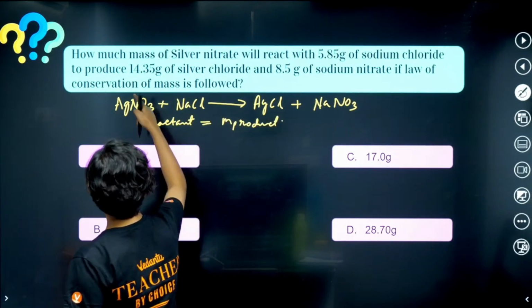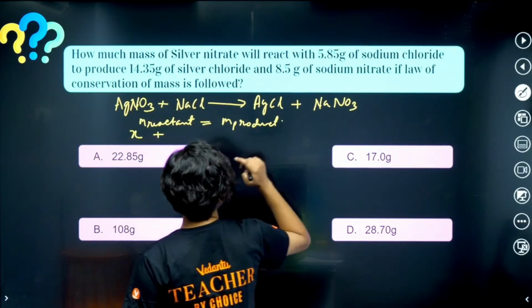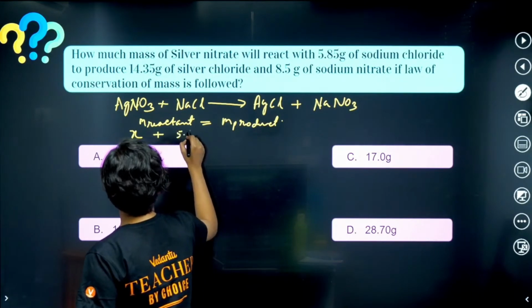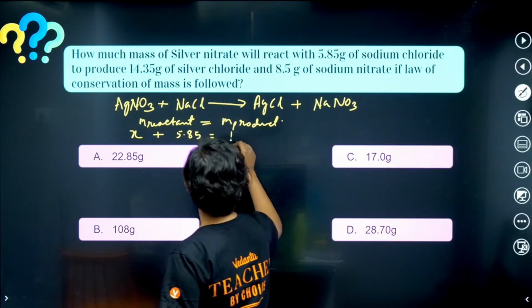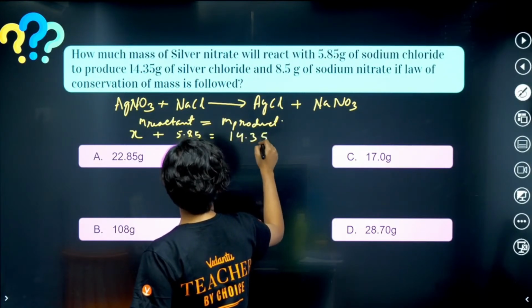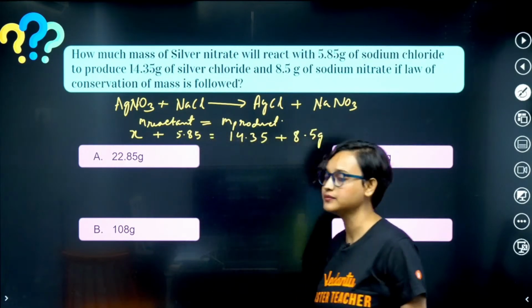Now, what's given to me? Let's say silver nitrate I do not know, so let's count it as X. NaCl I know that it is 5.85, equal to AgCl 14.35 plus 8.5.